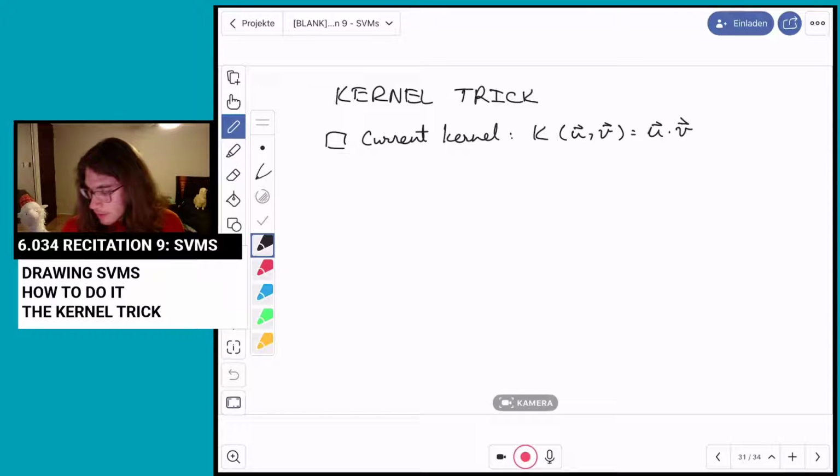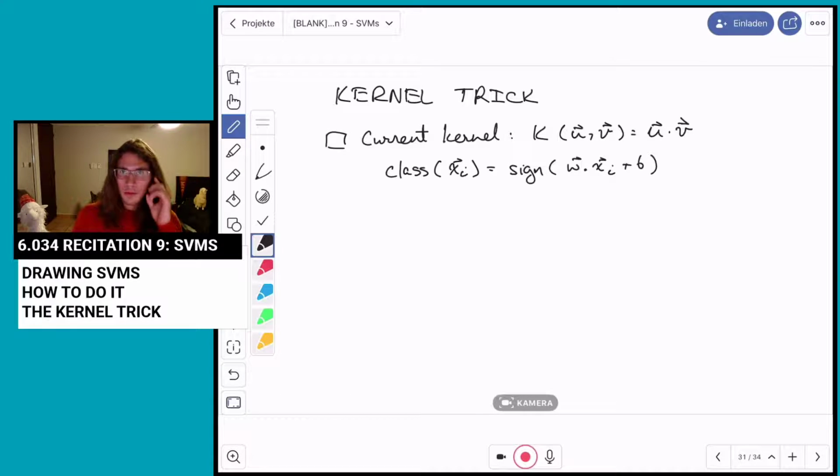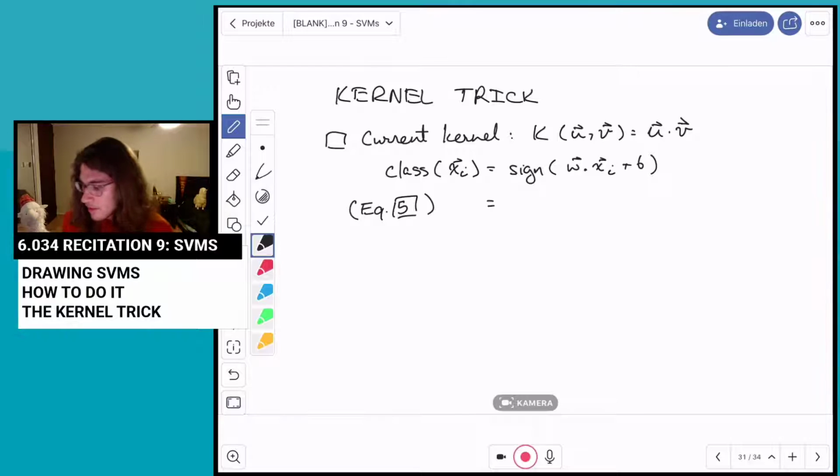And what I'm going to do is write the equation for a support vector machine. So the class of a point xi is going to be equal to the sign of the dot product of w times xi plus b. That's how the support vector machine classifies points. But now we have equation number 5, which gives me an equation for w in terms of the alpha values.